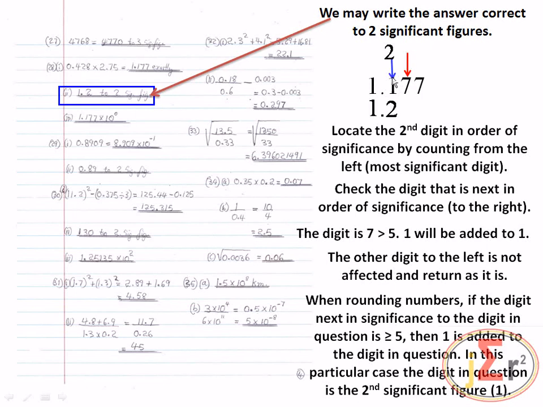That is the one that we are focusing on because we are writing correct to 2 significant figures. And if the one next in line is greater than or equal to 5, we add 1 right here. It is 7, which is actually greater than 5. Therefore, we add 1 to this one, and that is where we got this 2 from. The other digit is not affected, and we have it returning as it is.